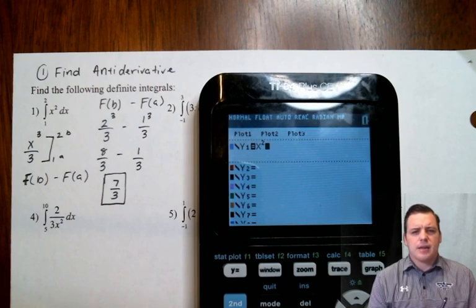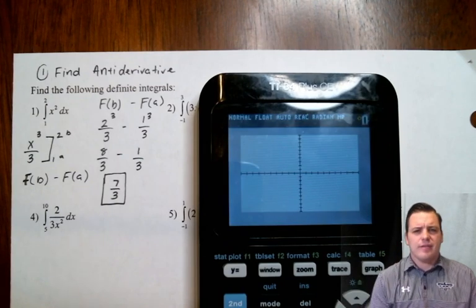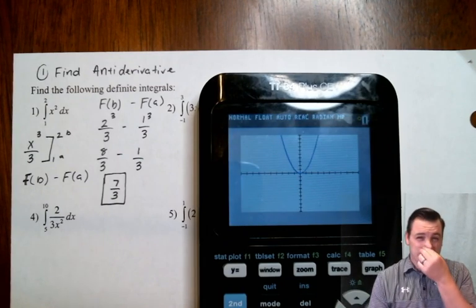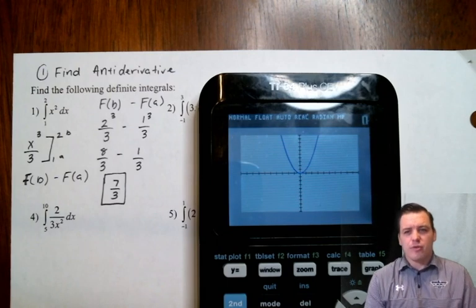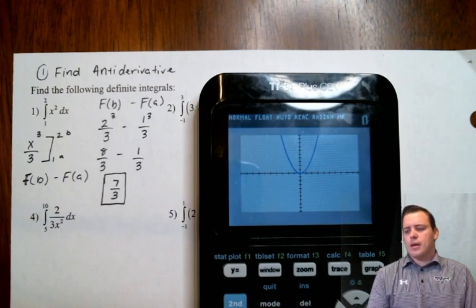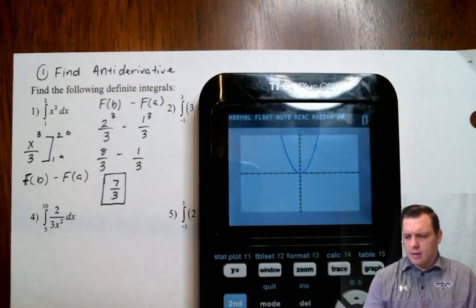Then from there we want to hit graph. So we have the beautiful x squared parabola.